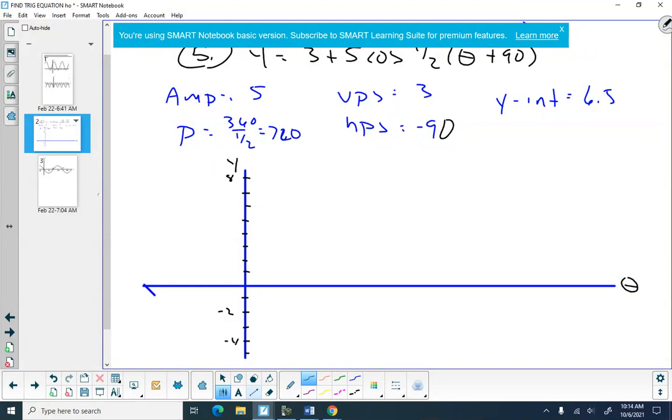Like I said, I have 720 and 90, so I need to make smaller 90s here. But I can count out by 90s: 90, 180, 270, 360, 450, 540, 630, 720.